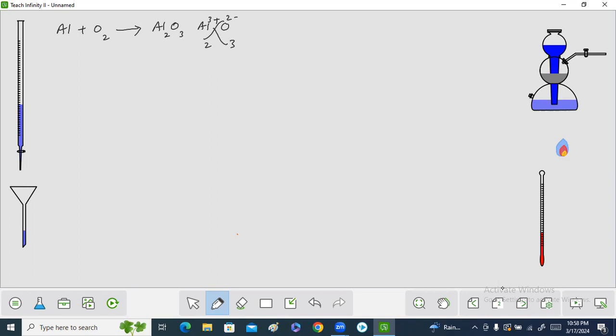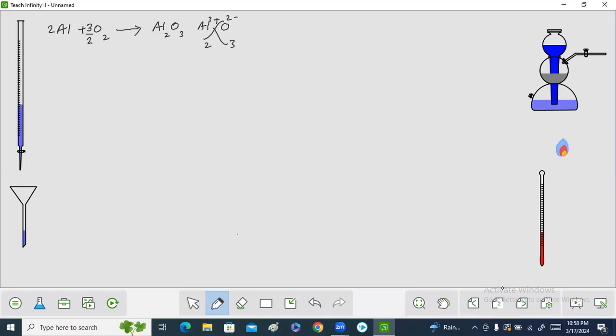Now there are 2 aluminium on the right hand side and 3 oxygen on the right hand side. So if we put 2 here, then there are 3 oxygen on the right hand side and 2 oxygen on the left hand side. So if we want to balance this oxygen, we can put 3 by 2. So if we cancel the 2, then the number of oxygen atoms are the same on both sides.